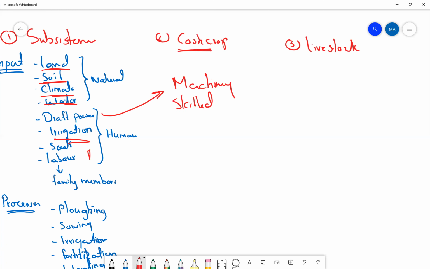Because it's a formal working sector, you need proper workers to work at these farms. And you'll also need pesticides and insecticides to protect these crops. And the processes are all similar.